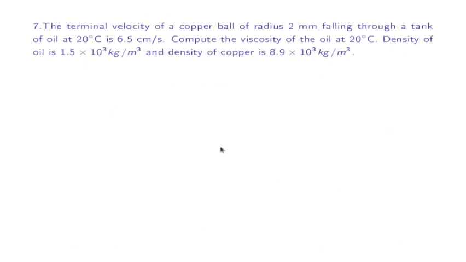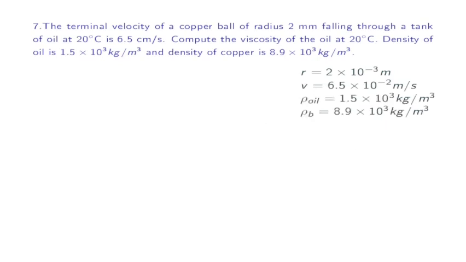Here the terminal velocity of a copper ball of radius 2 millimeter falling through a tank of oil at 20 degrees Celsius is 6.5 centimeter per second. Compute the viscosity of the oil at 20 degrees Celsius.